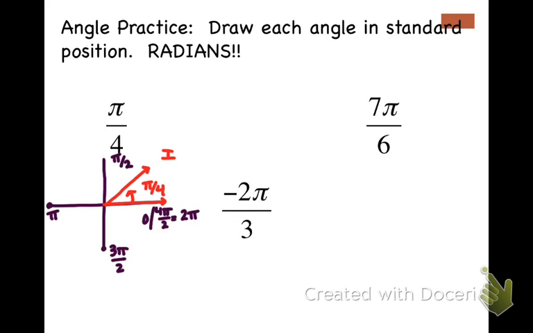If we were to continue on and do this next one, this negative 2 pi over 3, because it's negative, I am going to open up in the clockwise direction. So when I go and put my touch points in, I'm going to start down at that southernmost point. And this time, instead of having that be positive 3 pi over 2, this is going to be negative pi over 2.